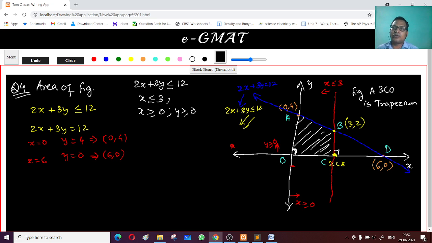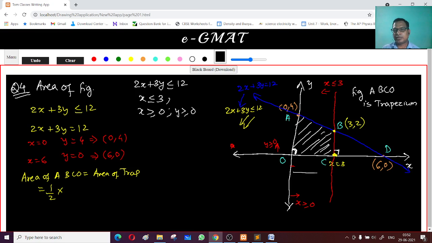Now if you have to find the area of ABCO, that is nothing but the area of a trapezium. That is half multiplied by the distance between the parallel sides.